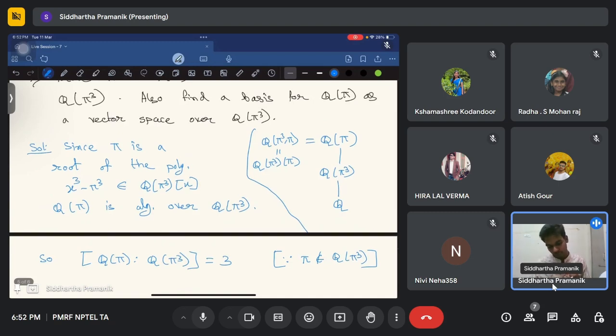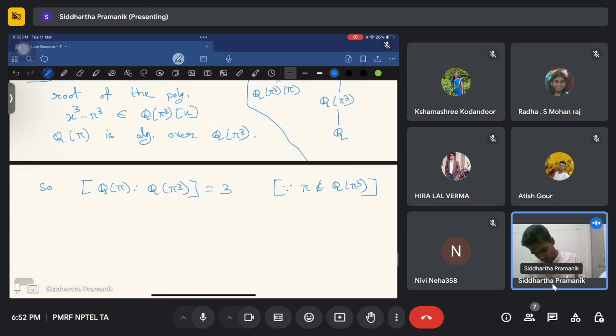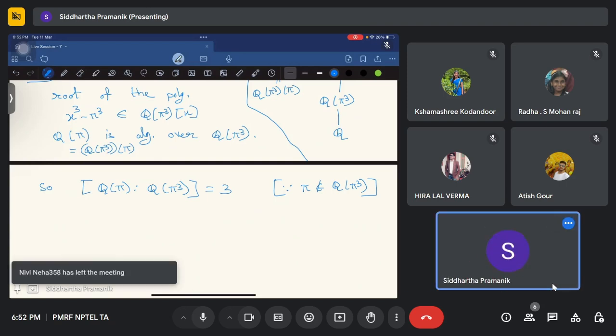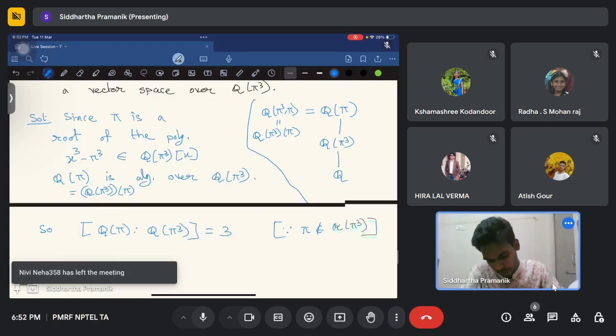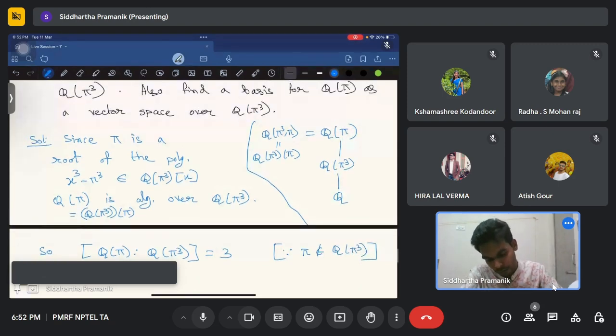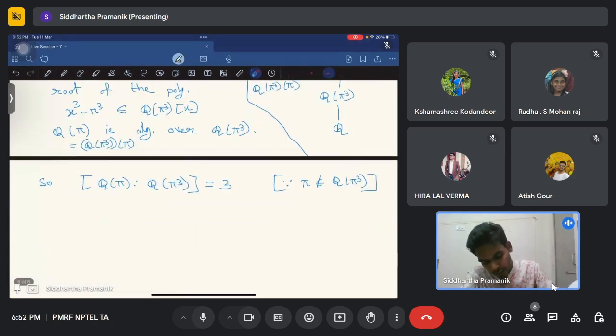Now can you find a basis? So let me write it here. This is actually Q(pi^3) and you attach it with pi. Now what about the second part? We already know the basis of F(alpha) over F when alpha is algebraic.